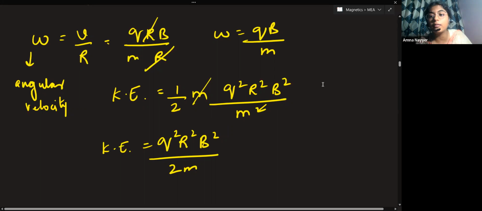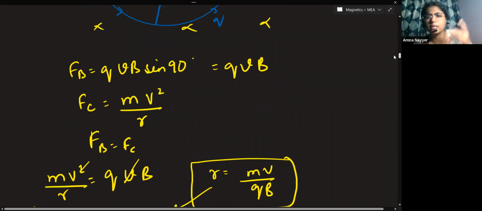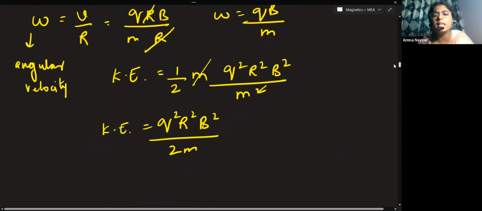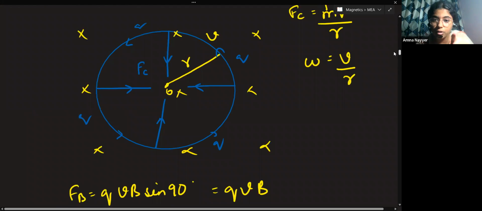So from where do you have to start? You have to start from here. It basically depends on the marks. If it's a 3 marker, you have to start from here. If it's a 1 marker, directly write it till here. These 2 lines are enough. But if it's a 3 marker, show the steps, show it as a circle.